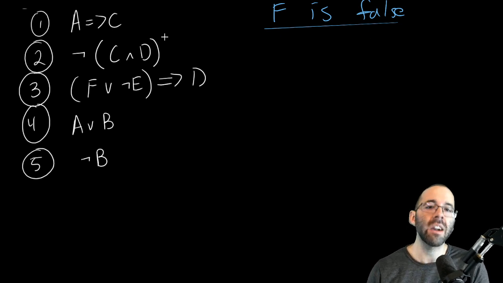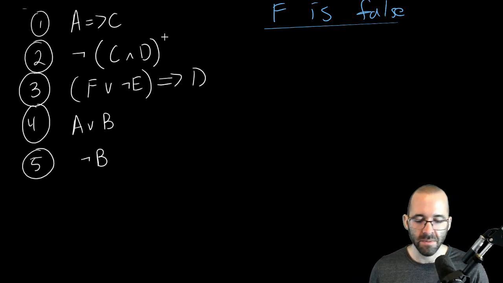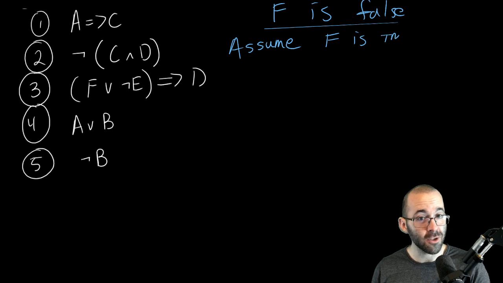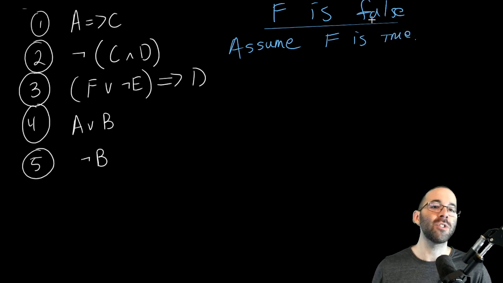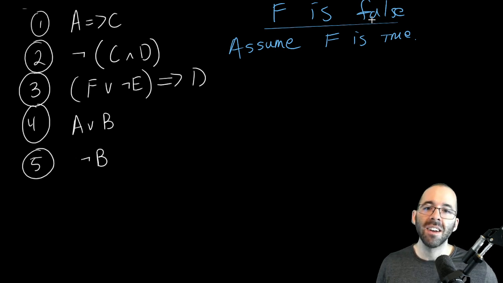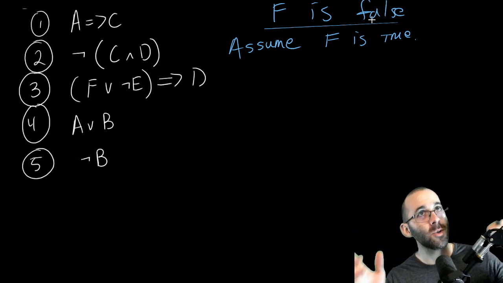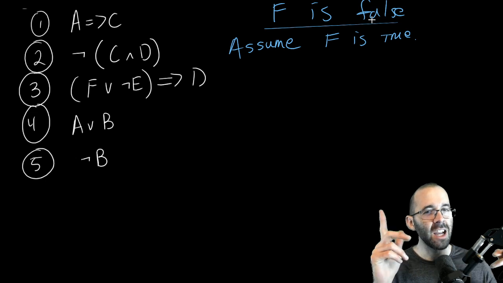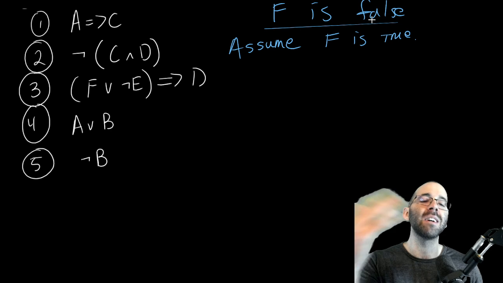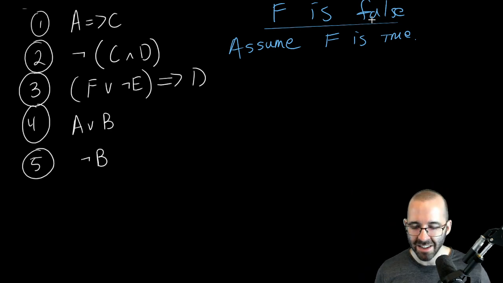Let's say we don't want to do a direct proof, but we want to show that F is false. The way that we're going to do that is that we're going to assume F is true, and then show that this causes a big problem. And if that's true, our assumption must have been wrong. If saying F is true is a false statement, then F must be false. All right. So here we go.